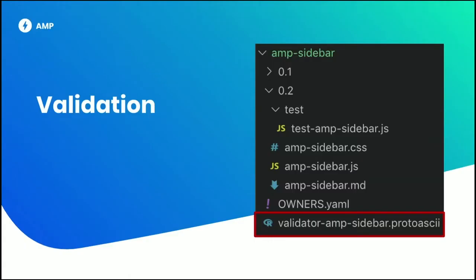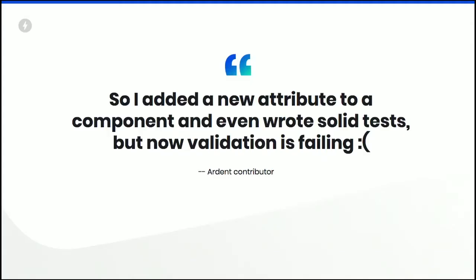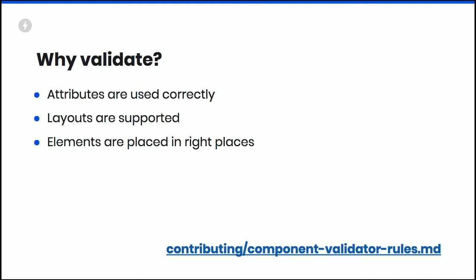Next, let's talk briefly about validation. So a common complaint that we hear sometimes is that someone added a new attribute to a component, and now validation is failing. So first, let's take a look at why validation is necessary. Validation is actually a very powerful feature in AMP.